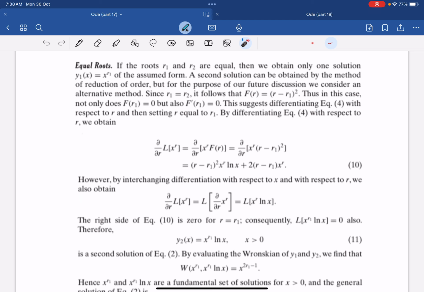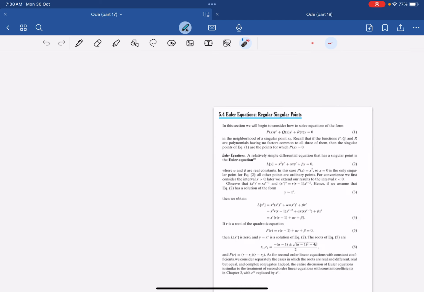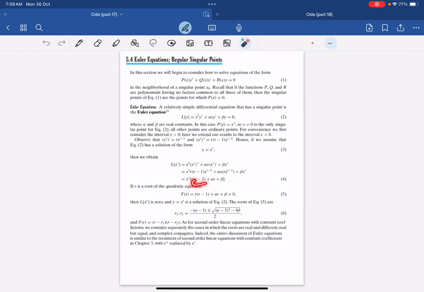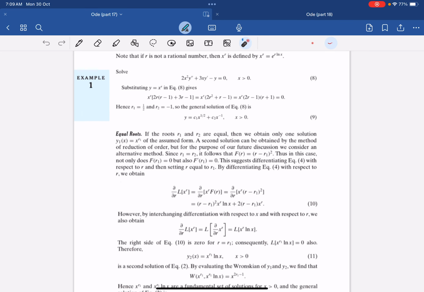This quadratic equation must equal 0 at r1, and the prime of it must also equal 0, because the prime of this is 2 times r minus r1. So when f prime of r1 is also 0, we can use this as a second equation to help us solve for another solution.